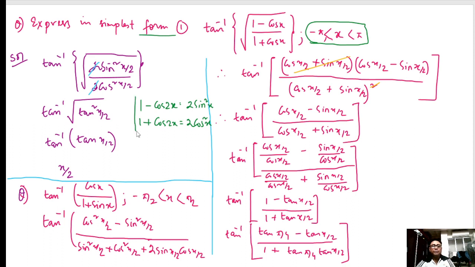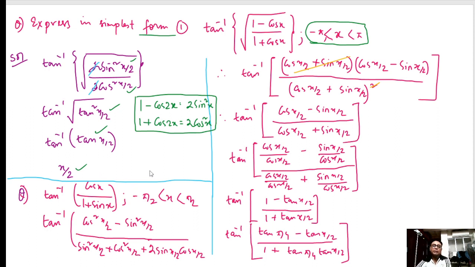So keeping this in mind, 1 minus cos x will be 2 sine square x by 2, and 1 plus cos x will be 2 cos square x by 2. The 2 and 2 cut. Sine square x by 2 by cos square x by 2 is tan square x by 2. So it becomes tan inverse of tan x by 2, and the simplification is x by 2.